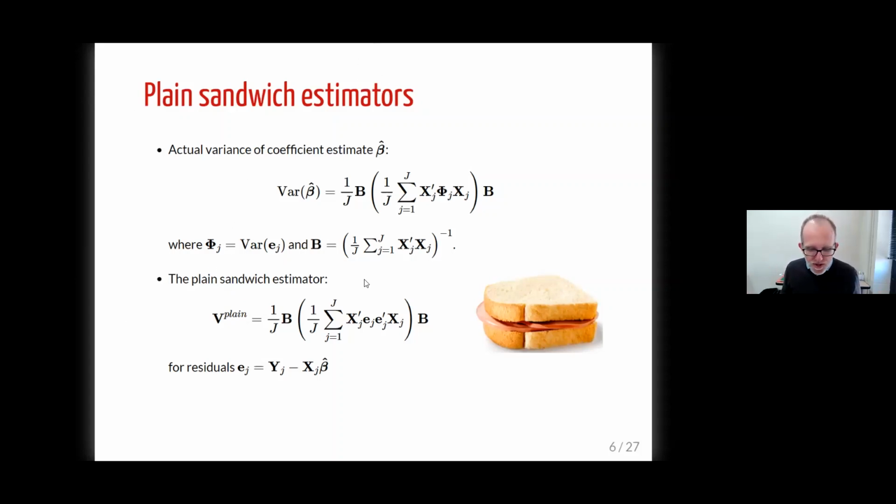The individual components in the middle of the sandwich are not the greatest, but you stuff enough of them together, you get something that works. And this is why they're called sandwich estimators. Someone thought at some point that the formula looks like a sandwich. We've got this bread matrix on the outside, on either side, and then this stuff in the middle is the meat of the sandwich.